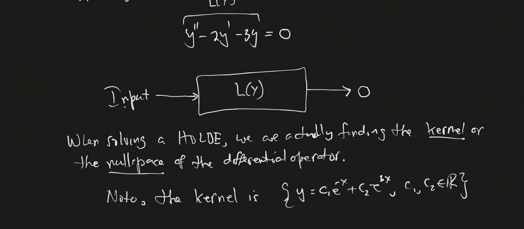And in this case, our input is a set of functions, and it produces a certain output. If that output is 0, then you're essentially working with the kernel. If the output is not 0, then you're looking at a specific element in the codomain, and you want to figure out what element from the domain would get mapped onto that specific one, right?